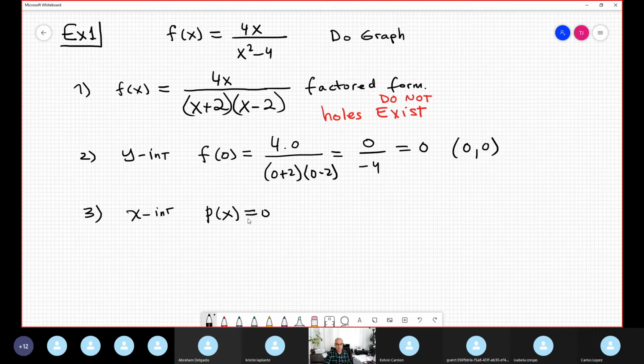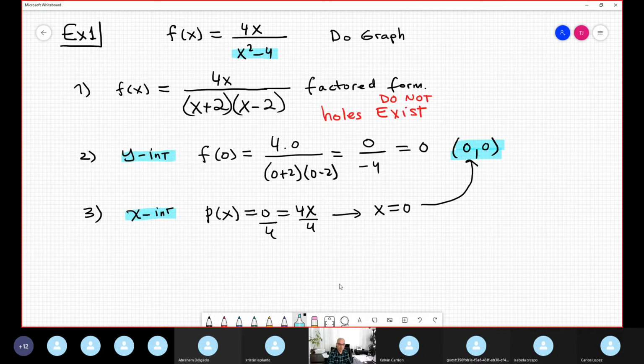That other part is not important. Therefore, dividing by 4 on both sides, it's obvious that X is 0. And we get the same conclusion. Therefore, the important conclusion in this example is that we have only one, a perfect coincidence between the Y-intercept and the X-intercept. And this is a very important point.